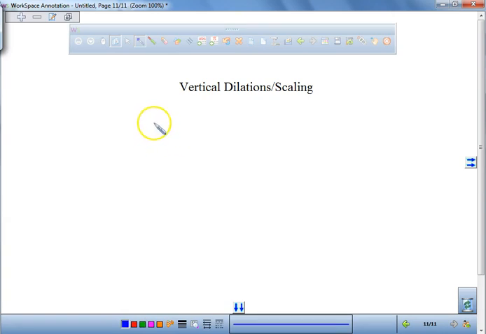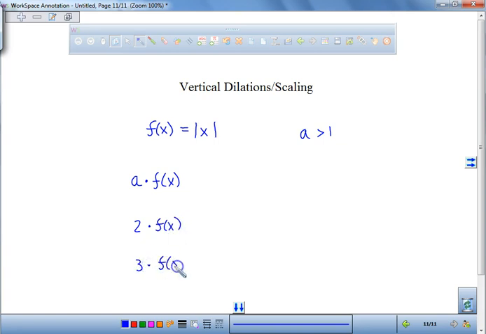What if I were to say f of x equals the absolute value of x? That's our parent function. But what if I were to take a number, a, which represents a number that we don't know yet? If the a value was greater than 1, that number could be a 2, or a 3.